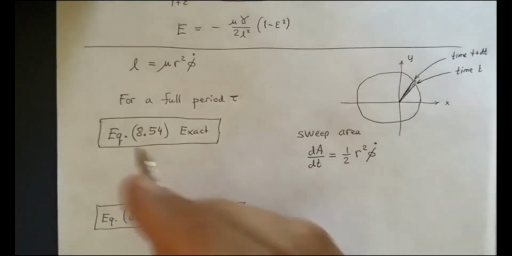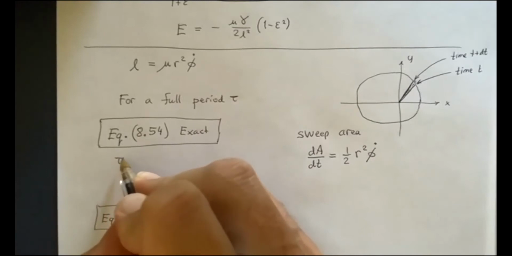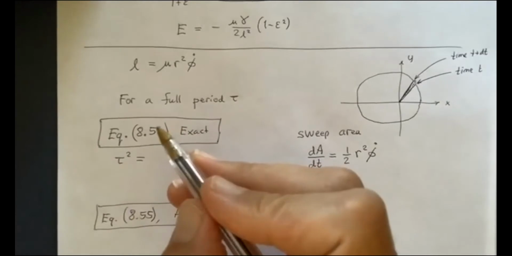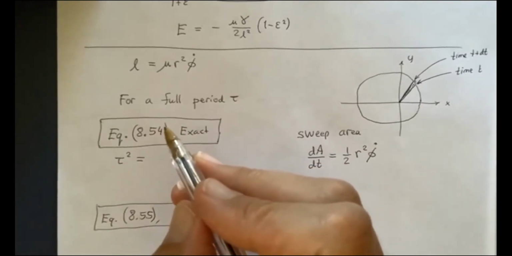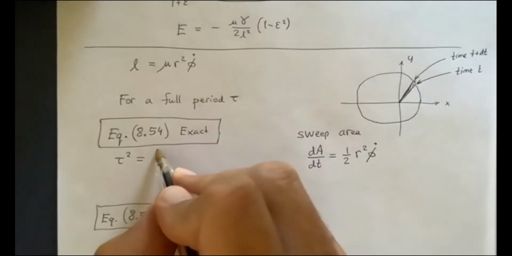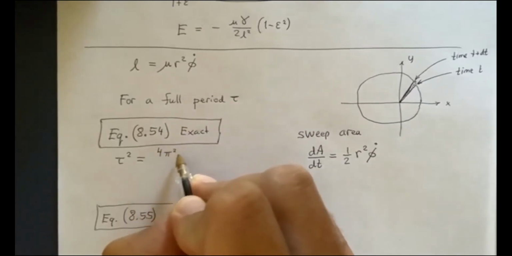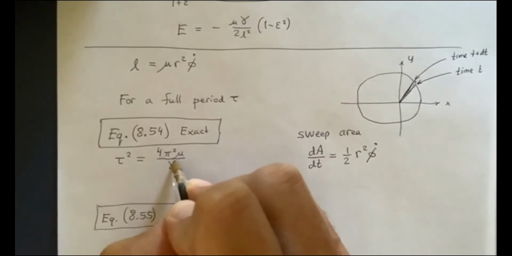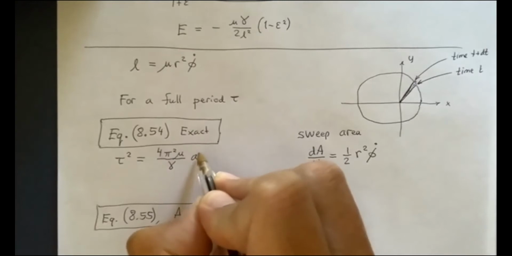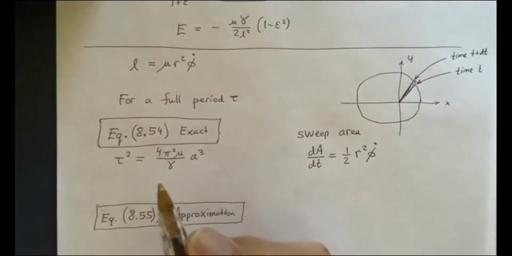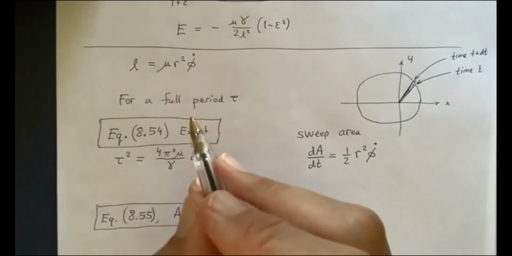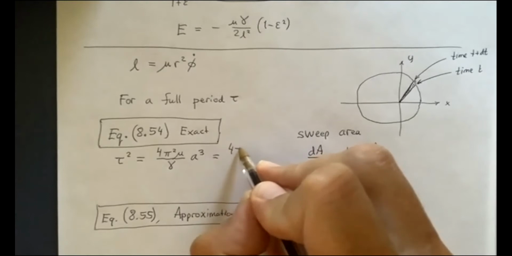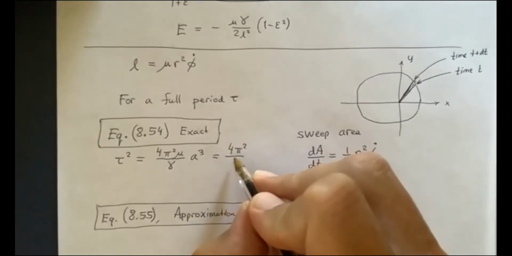And what we get here, tau squared equals 4 pi squared mu over gamma, remember our constant gamma, times a cubed. So that's exact. You can rewrite this as 4 pi squared over gM.